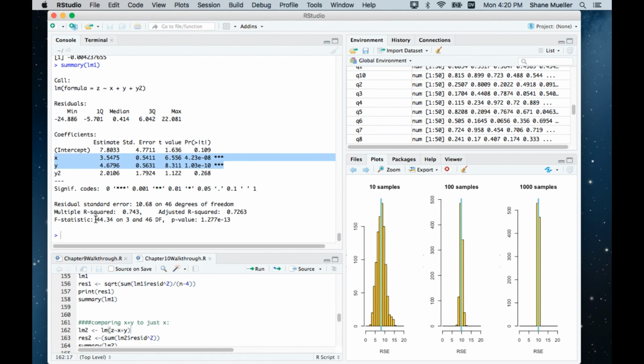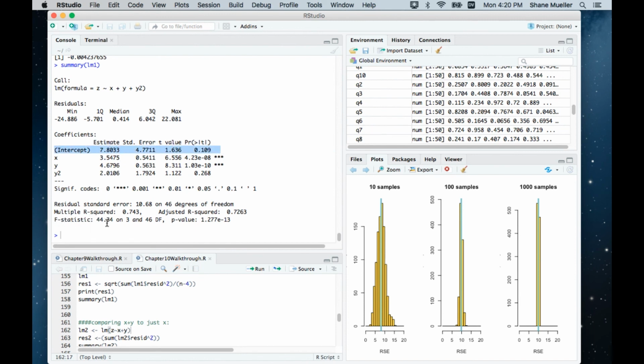With this F statistic, rather than comparing the model intercept plus x plus y plus y2 to intercept plus x plus y, this is comparing the whole model to the intercept only model. So this is just saying, does the whole thing altogether do better than nothing? There's no way you even have a model if you don't have the intercept, so your baseline model is an intercept only model.